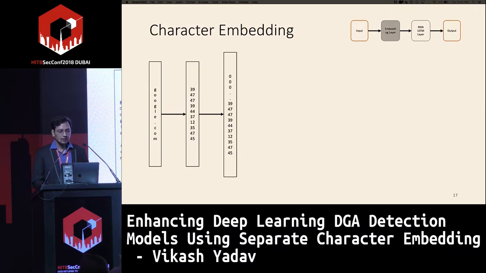However, this integer sequence is a one-dimensional input. It doesn't have any contextual information. A character represented by the digit 5 versus a character represented by the digit 6 doesn't mean that those are close to one another just because there is a difference of 1 unit, versus a character represented by 5 and a character represented by 20.